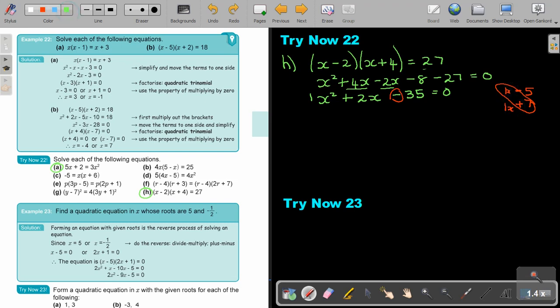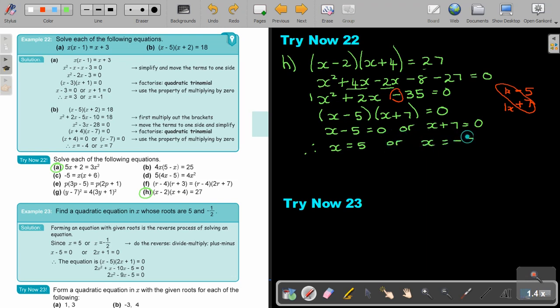So I will get x minus 5, x plus 7, and that's equal to 0. So, and then again, x minus 5 is equal to 0, or x plus 7 is equal to 0. So therefore, x is 5, or x is negative 7. And that's your final answer.